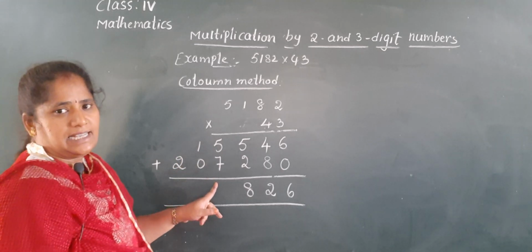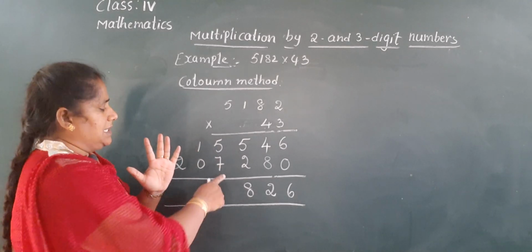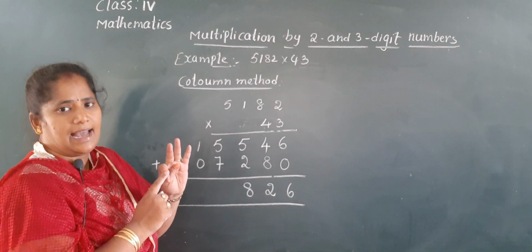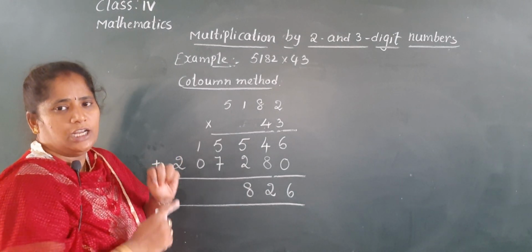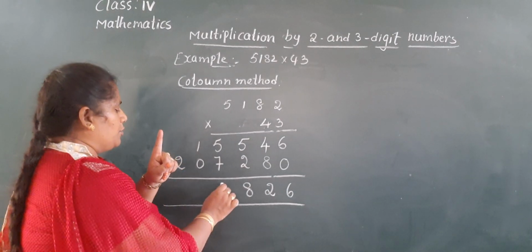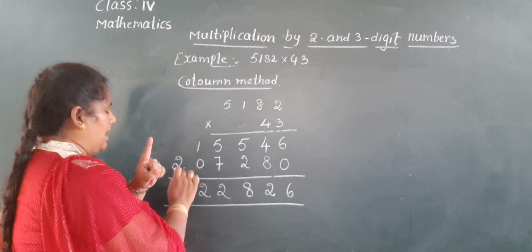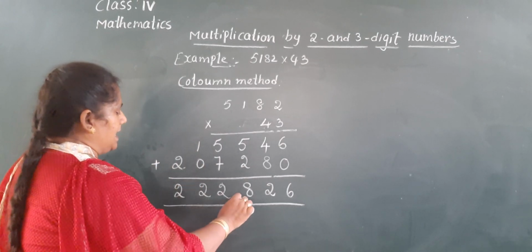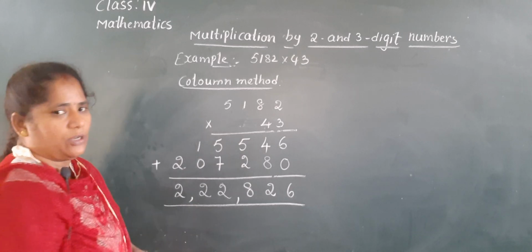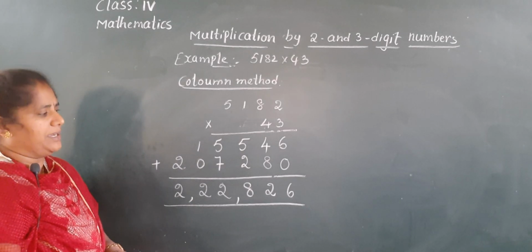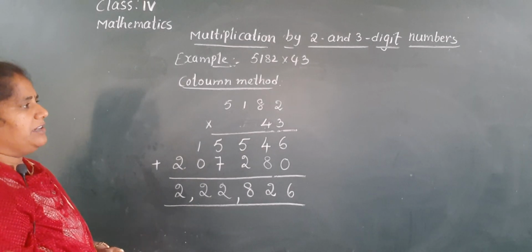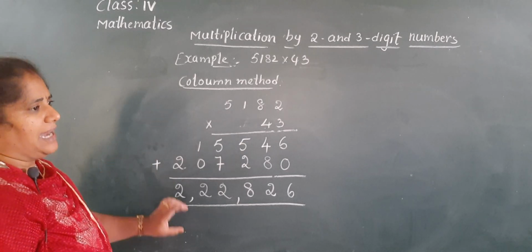Now 5 plus 7, take 5 fingers. 7 after 8, 9, 10, 11, 12. 12 means 1 in hand, 2 is down. This 1 plus 1, 2, and here 2. So the answer is 2,22,826. So my dear children, note down this problem in your classwork.